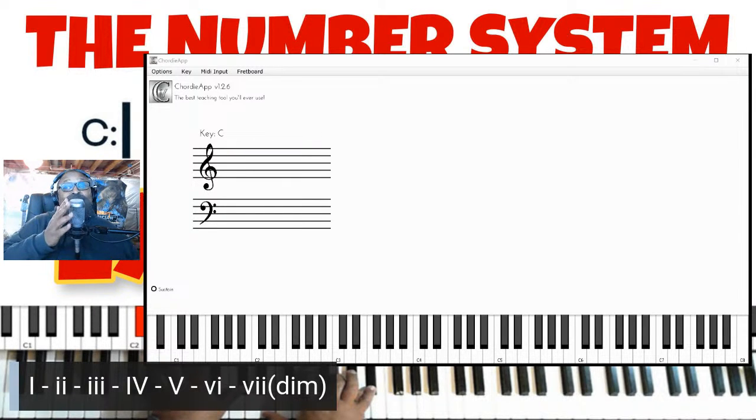Now, one of the most popular chord progressions is something that we call 2-5-1. Have you ever heard somebody say 2-5-1? If somebody says play 2-5-1, it means exactly what I just got finished teaching you. Depending on which key you're in, play the 2, move to the 5, and then move to the 1.